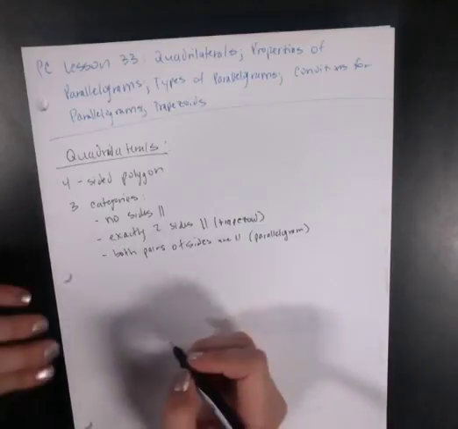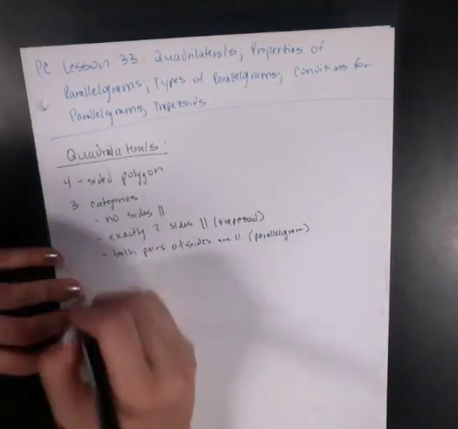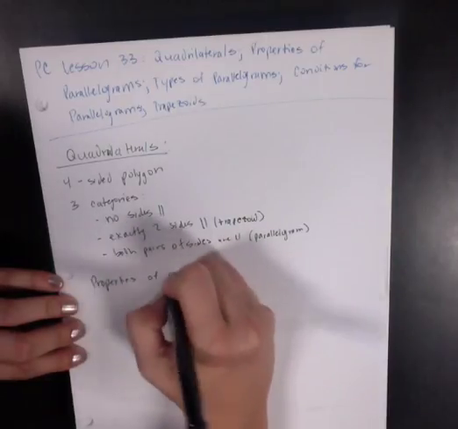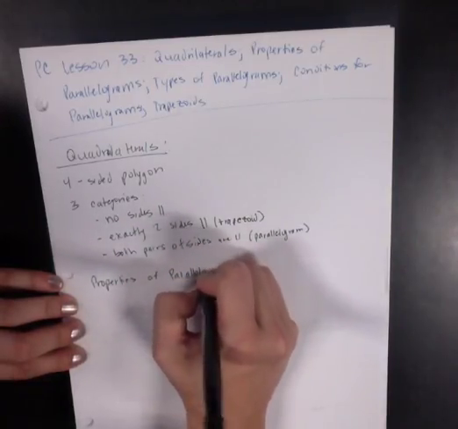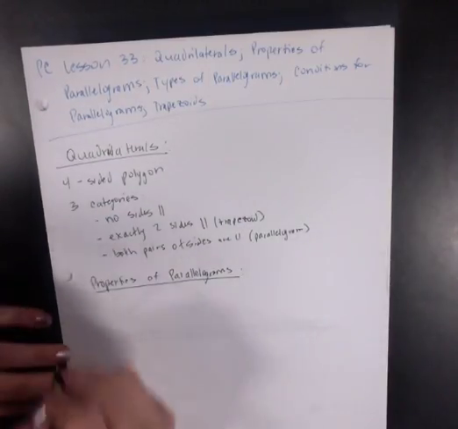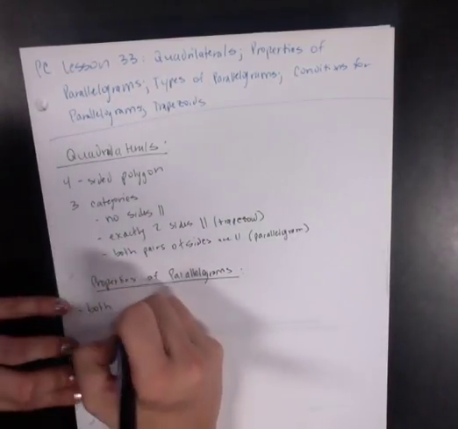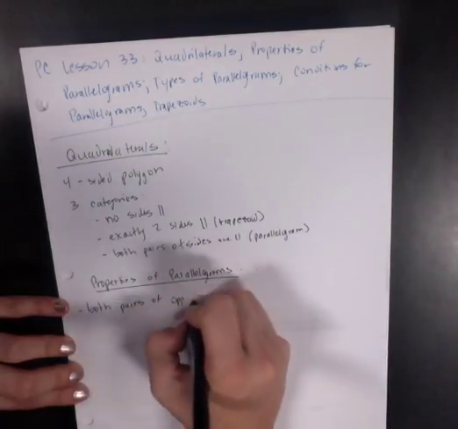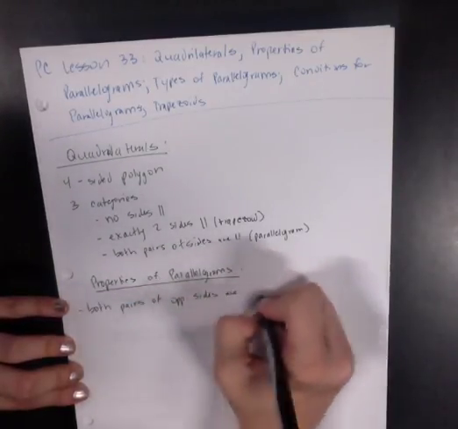Okay, now let's talk about properties of parallelograms. Both pairs of opposite sides are congruent.